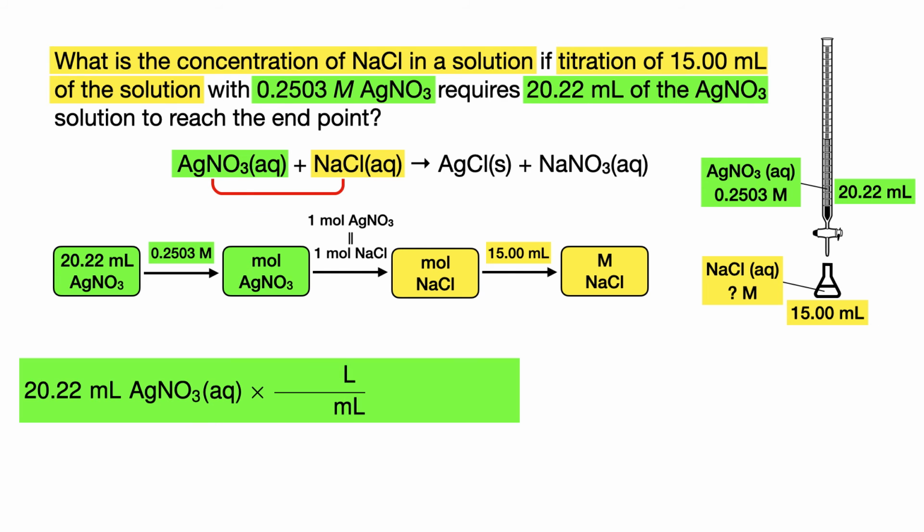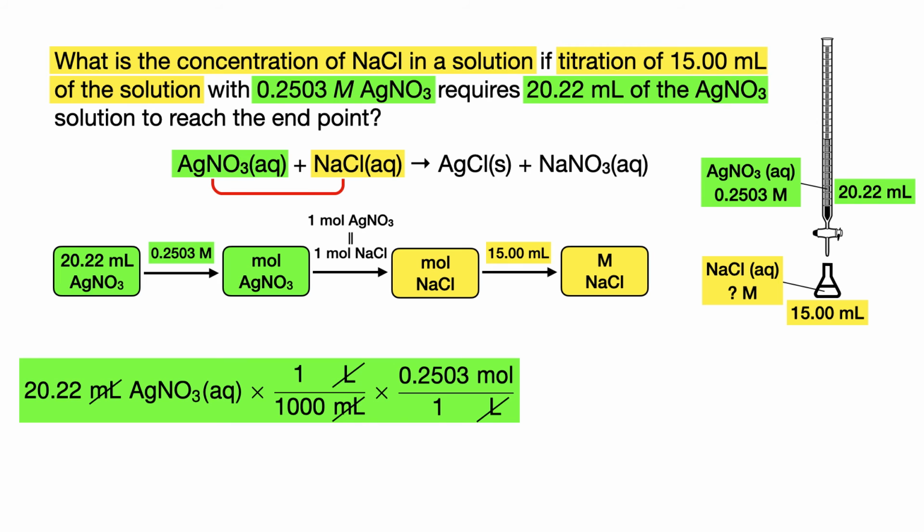So I use the fact that there's 1,000 milliliters in a liter. So then the milliliters will cancel. And then I can multiply by the conversion factor to go from liters to moles, and that's given by the concentration. 1 liter of the silver nitrate solution contains 0.2503 moles. Then the liters cancel out.